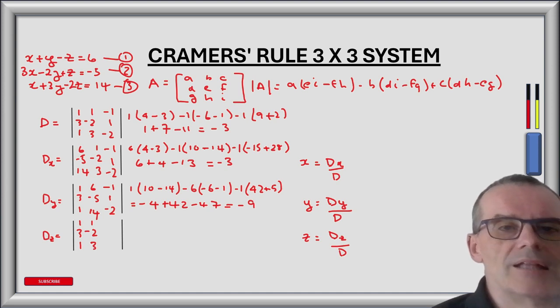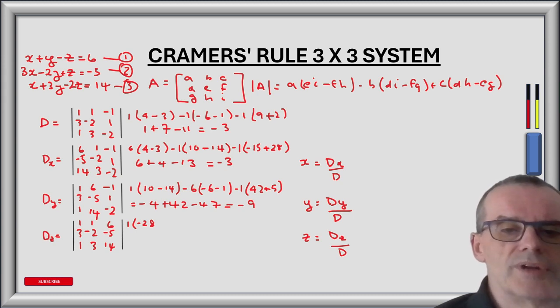And then we put in the answer values 6, minus 5, and 14. So calculating its determinant, we multiply out 1 into, so minus 2 times 14 gives minus 28. And that's minus 5 times 3, which gives minus 15. So minus 15 becomes plus 15.